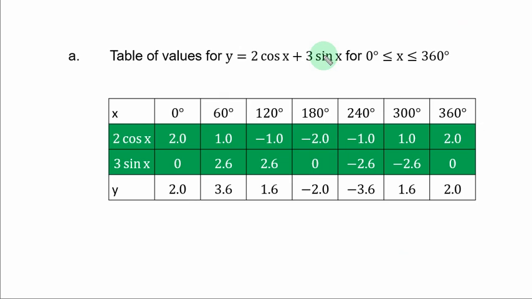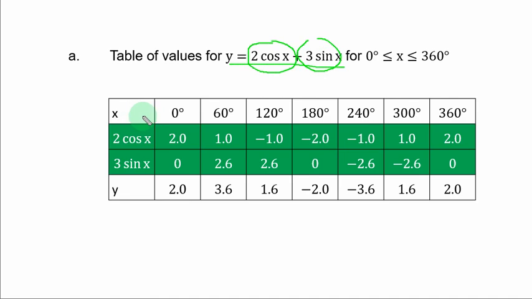Solution. A part of the question is to complete the table of values for the relation over the range of values of s, and to do that you simply need to compute 2 cos s and 3 sin s. You add the values together and you get the y value.